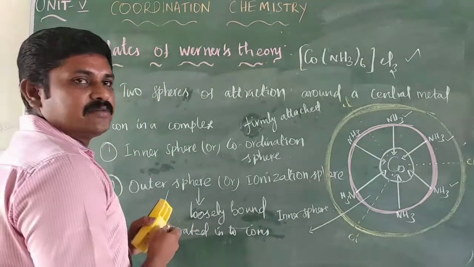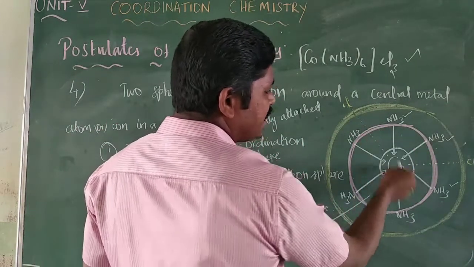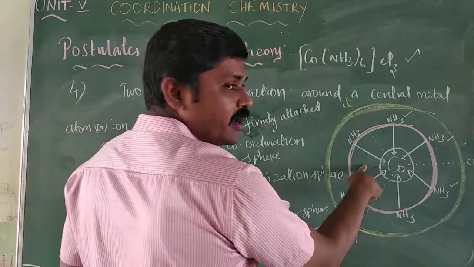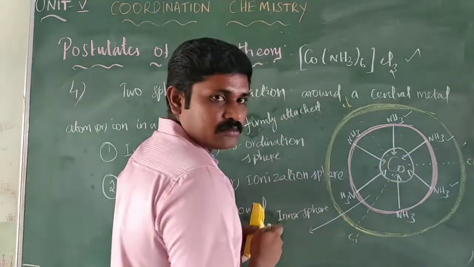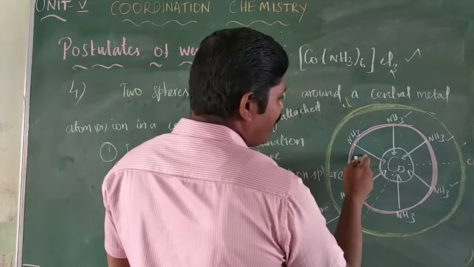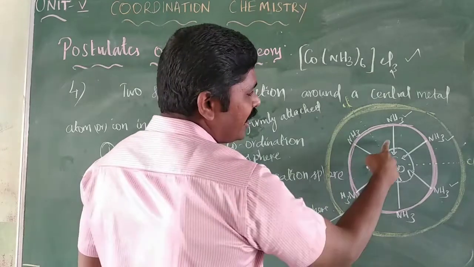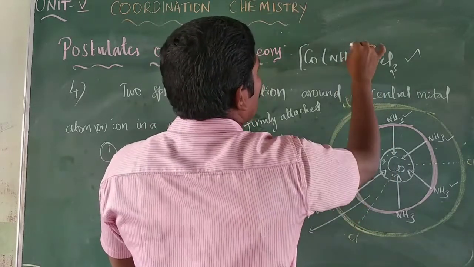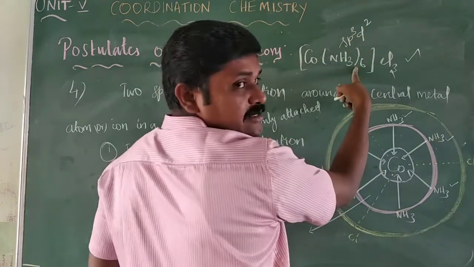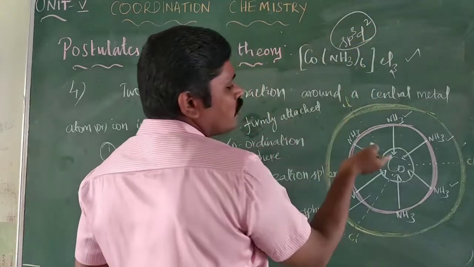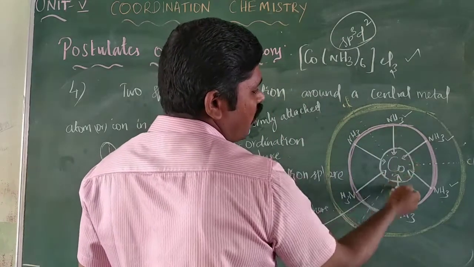According to Werner's, there are two spheres around the central metal ion. One is the inner sphere or coordination sphere. This one is strongly bound, because it is involved in hybridization. So the coordination number is 6, sp3d2. So 1 plus 3 is 4, plus 2 is 6. Because of sp3d2 hybridization, it forms a strong bond.